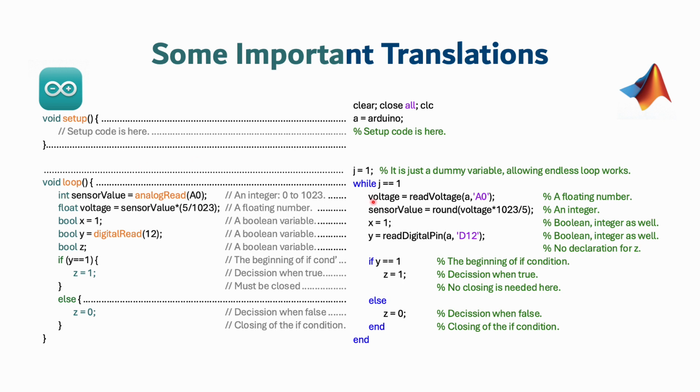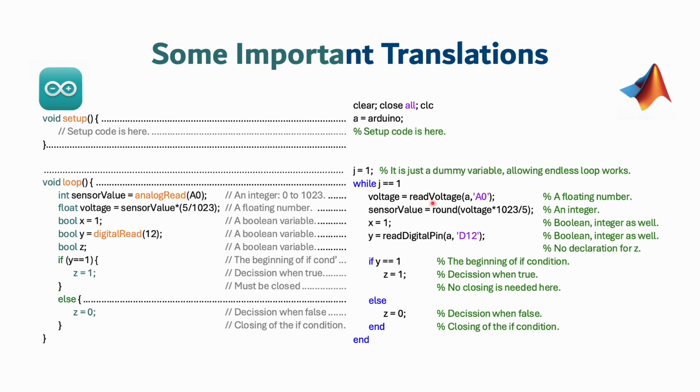All right, it is slightly different. In the Arduino IDE we use analog read, which results in 0 up to 1023 in the form of integer. But in MATLAB, it obtains the voltage directly using this command. So it's a language, and we have to memorize every single word.